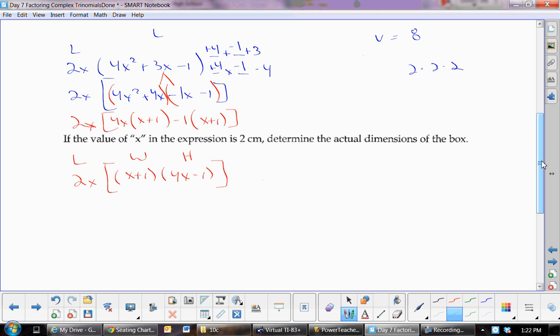Now it said if x actually equals 2, what would the length be? What's the length? Come on, you guys. So the length would be 2 times 2, which is 4. How about the width? 2 plus 1 is 3. How about the height? 4 times 2 minus 1? 7.